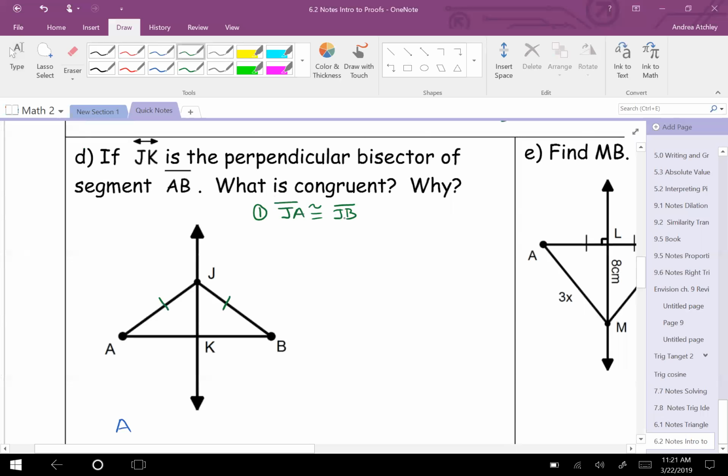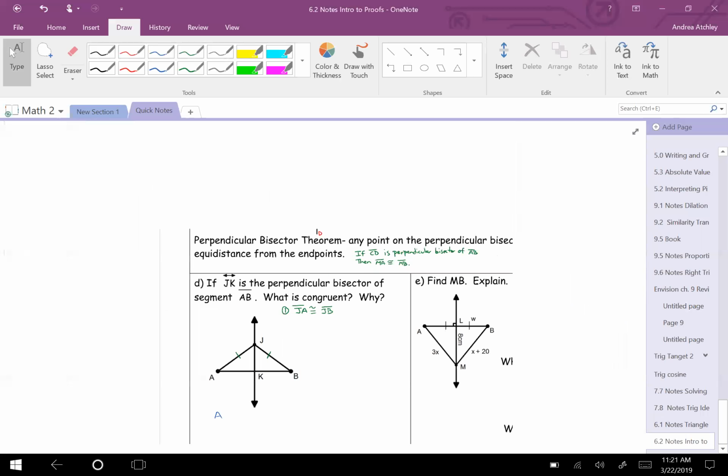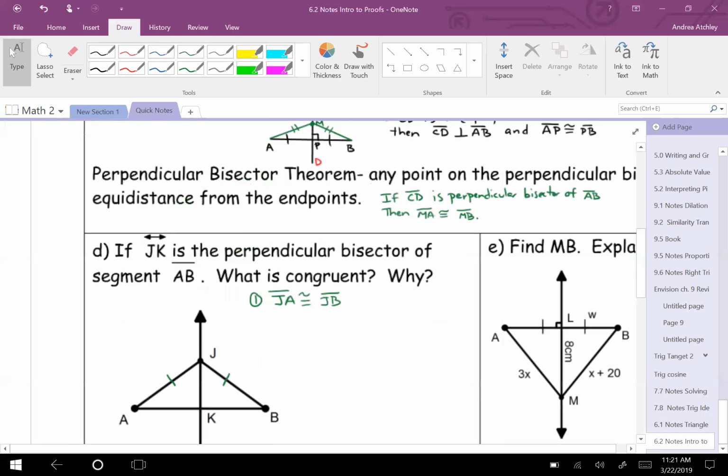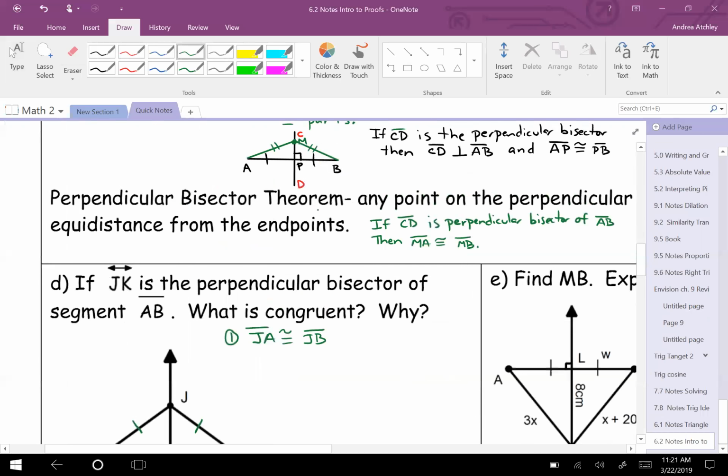And the reason why? Okay. We were going to use the perpendicular bisector theorem. That's what we're going to state. Okay, that's the reason why.